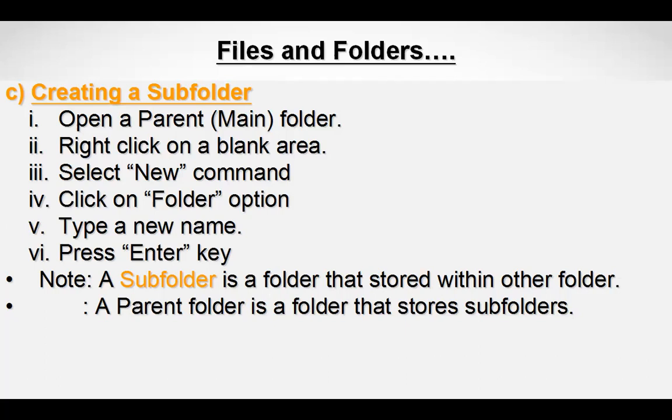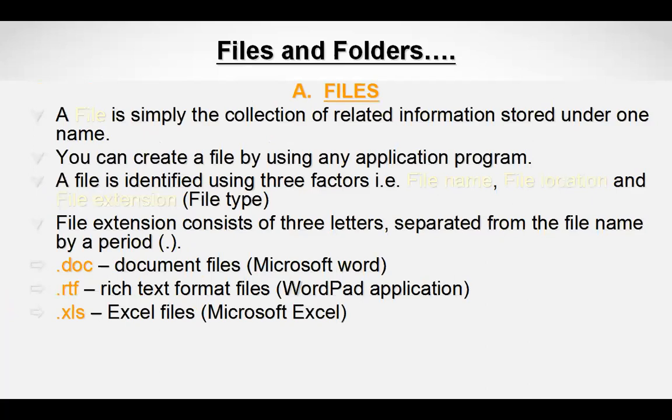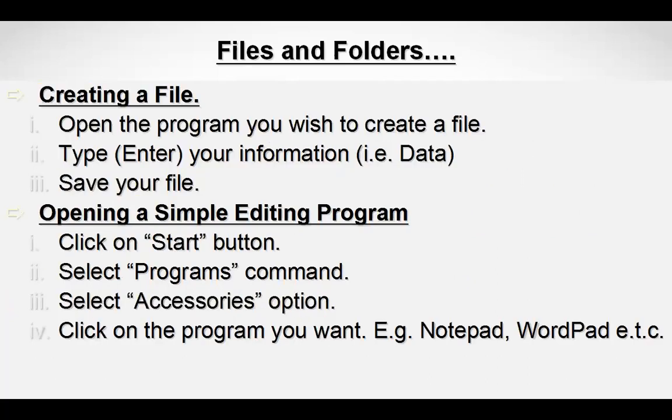Let's see what files are. A file is simply a location of related information stored under one name. You can create a file by simply using an application program. A file is identified using three factors: the file name, the file location, and the file extension.